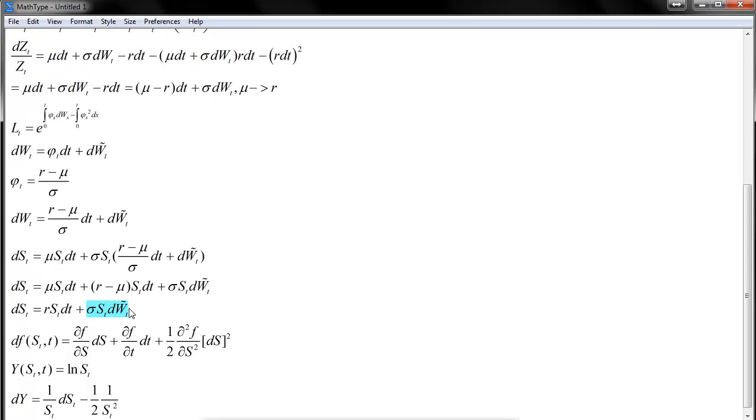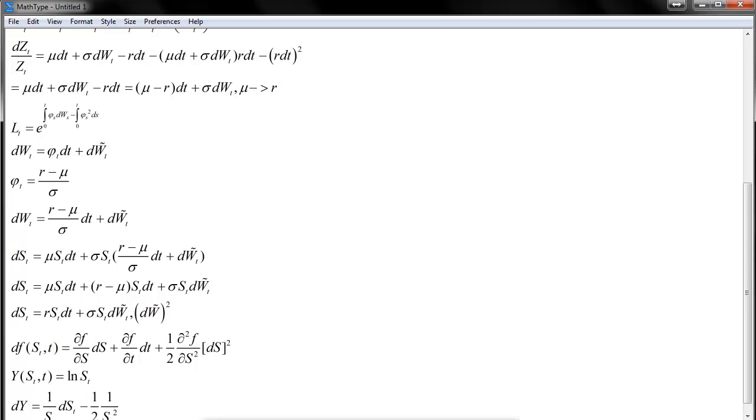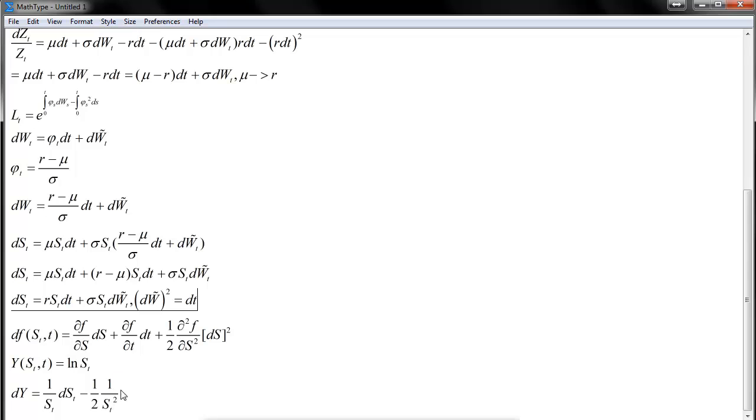So the only relevant term is sigma squared s squared times dt. Extremely important property of the stochastic differential is that when it's squared, it's equal to dt.